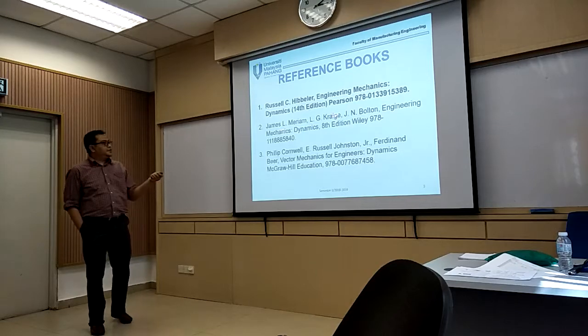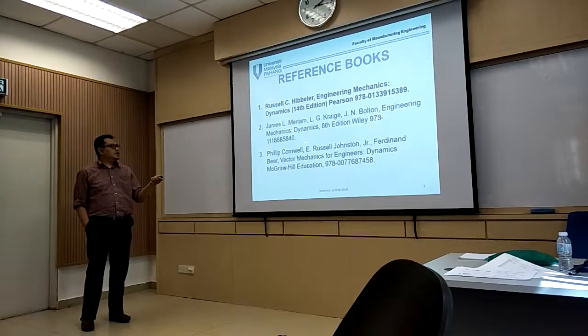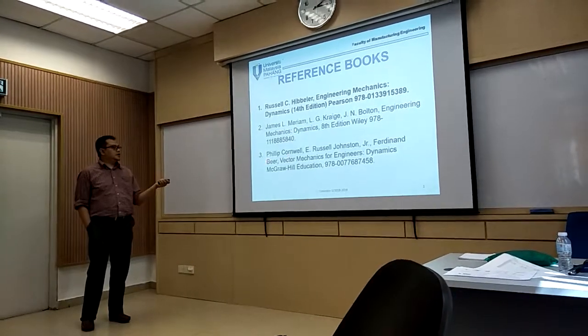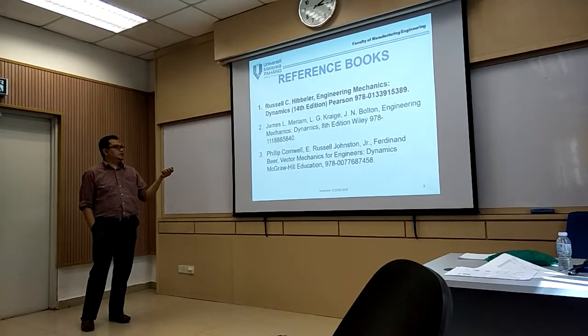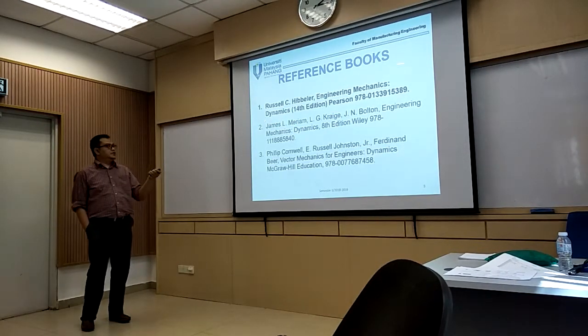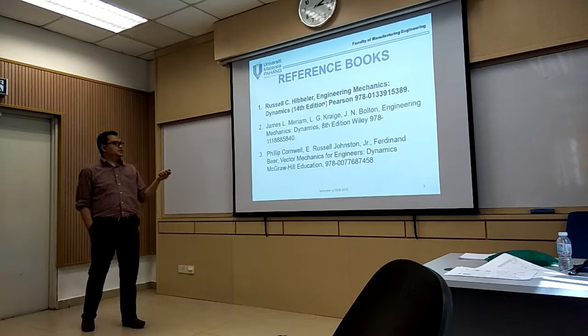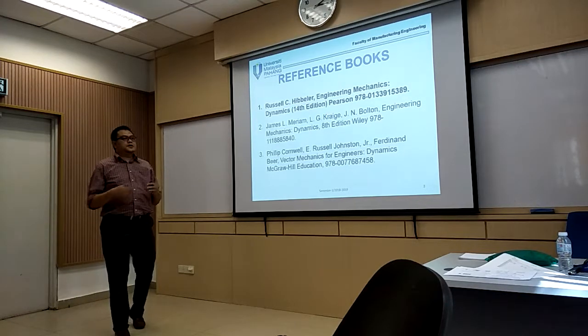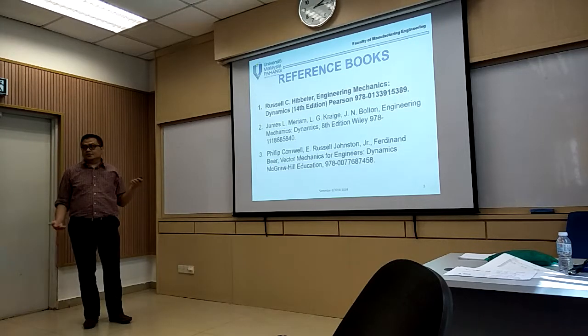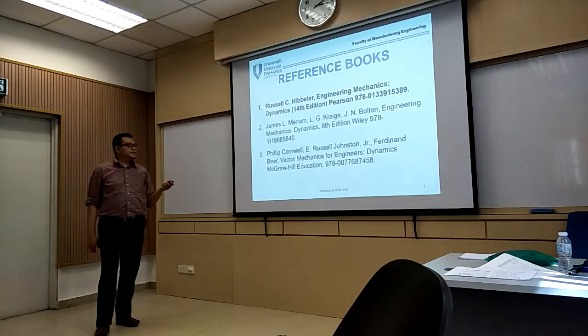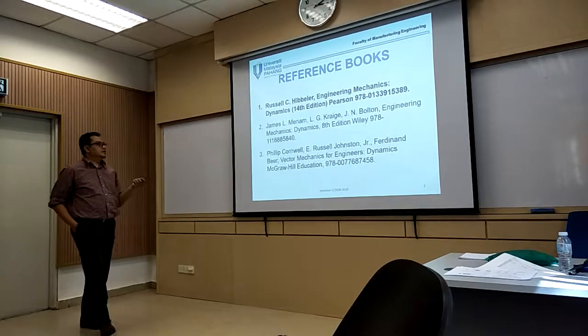You also can refer to this book, same dynamics, and also this book. But mainly this is the main source for this subject, and sometimes the exam questions we take from this book. I think it's better you have this book for this subject.